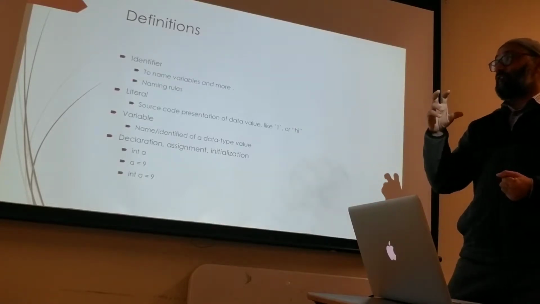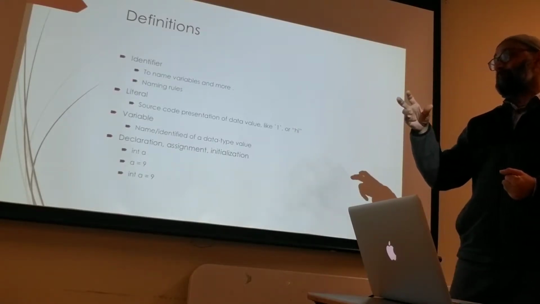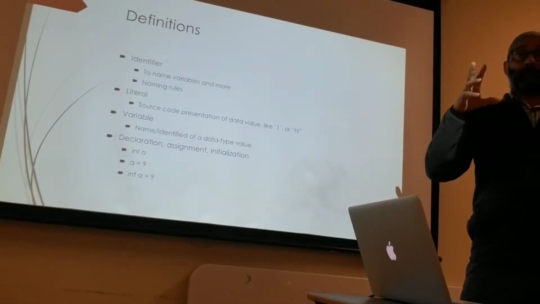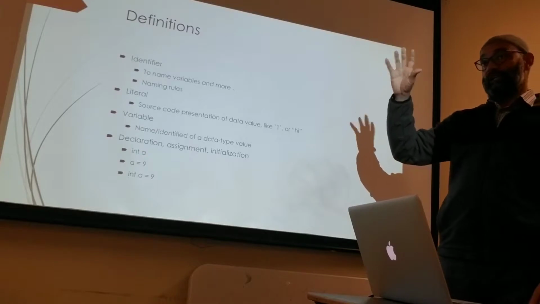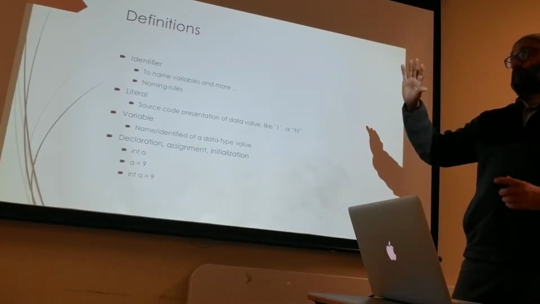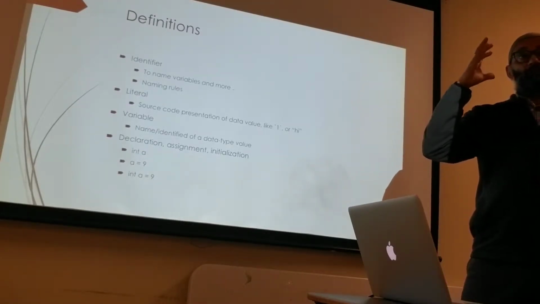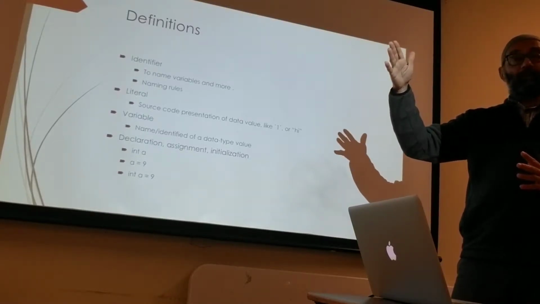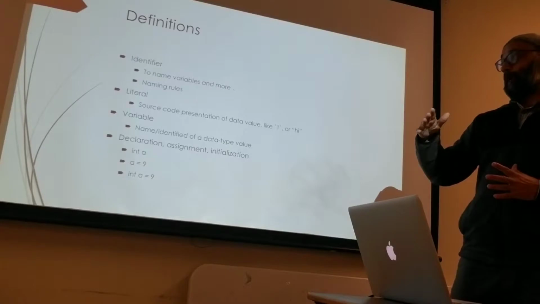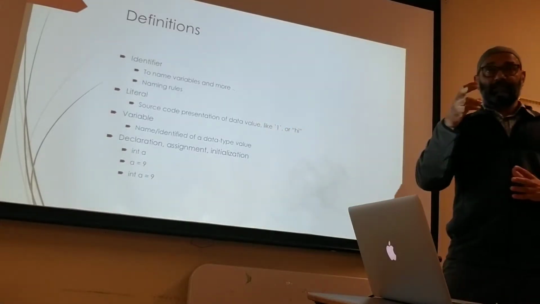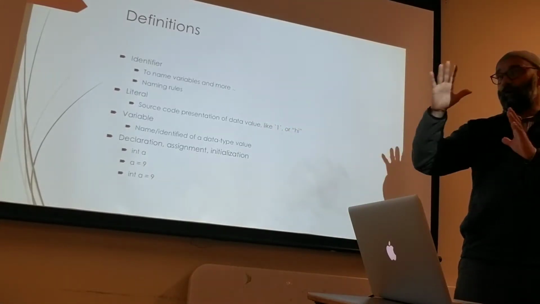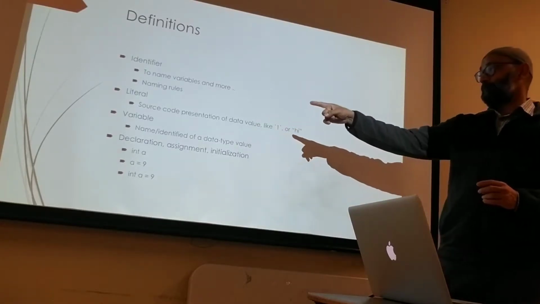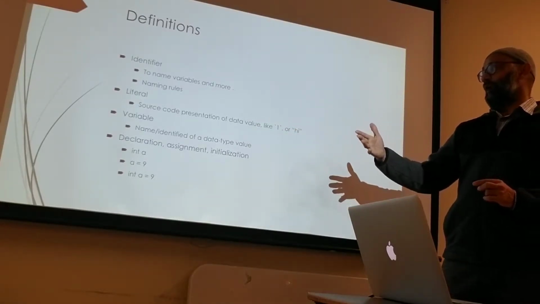But an identifier is any name or variable, and identifiers have naming rules. You will see this eventually, but right now I'm just throwing it out here so that when you hear about it a little bit more, it comes back to you. A literal is anything that you put as a source code representation of a data value.